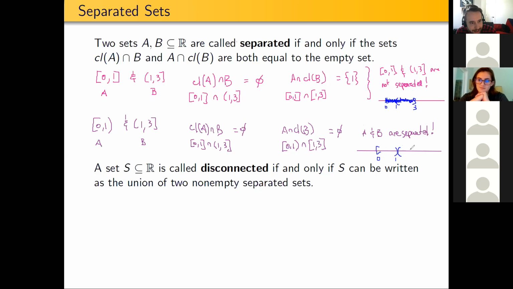Our set B goes from 1 to 3. And we notice that there is this teeny tiny little speck of separation between the two, exactly at the point x equals 1. So there's that tiny little bit of separation.